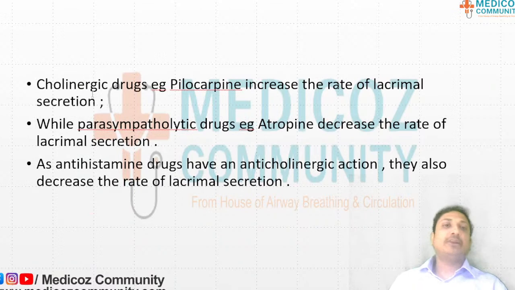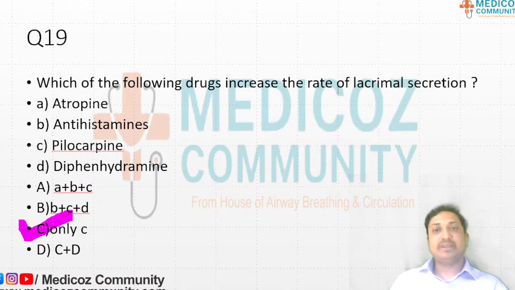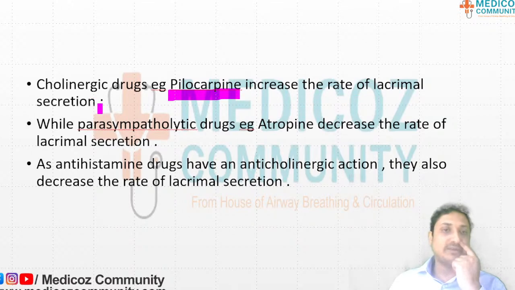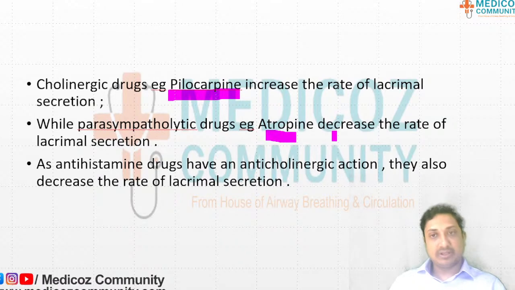Why? Because pilocarpine is a cholinergic drug, and cholinergic drugs increase the rate of lacrimal secretion. We have been asked which of the following drugs increase the rate of lacrimal secretion. So a cholinergic drug like pilocarpine will increase it, while parasympatholytic drugs like atropine will decrease the rate of lacrimal secretion.